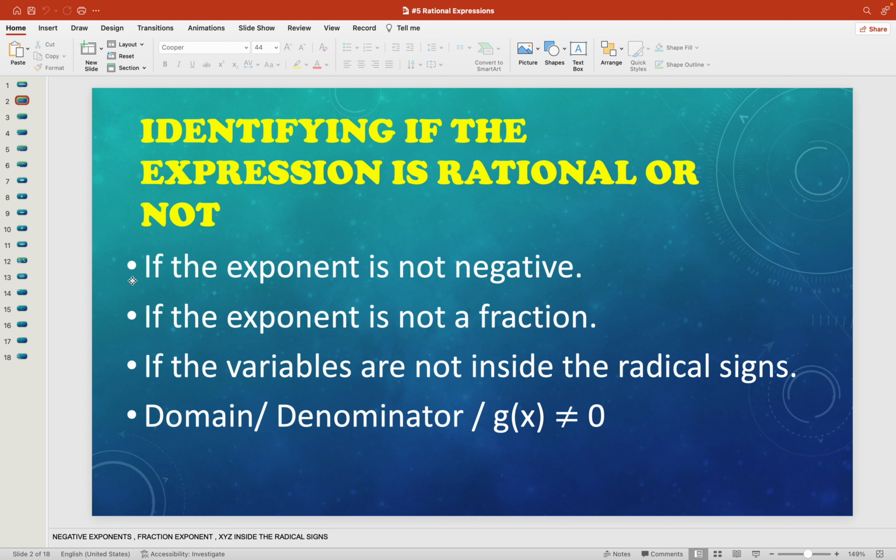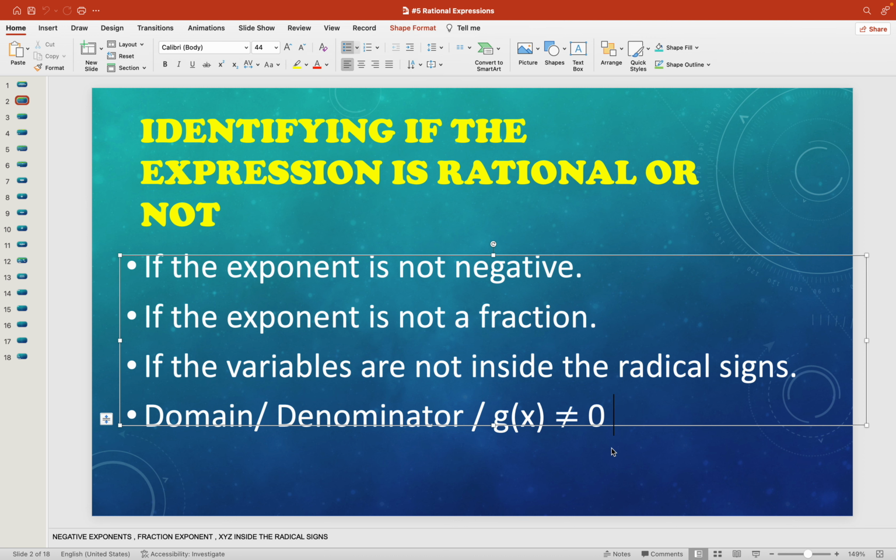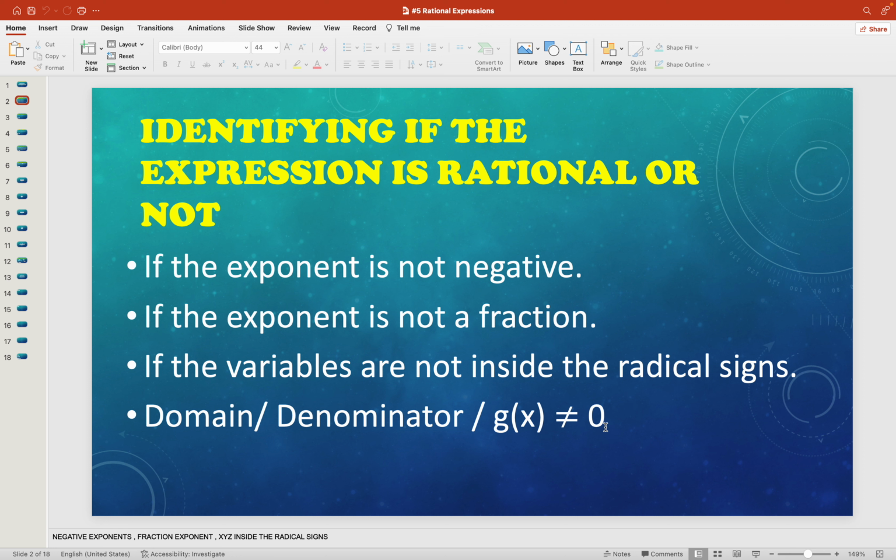First rule, if the exponent is not negative, therefore it is rational. Then if the exponent is not a fraction, and if the variables are not inside the radical signs, and then the denominator, or the value of g of x, should not be equal to 0.